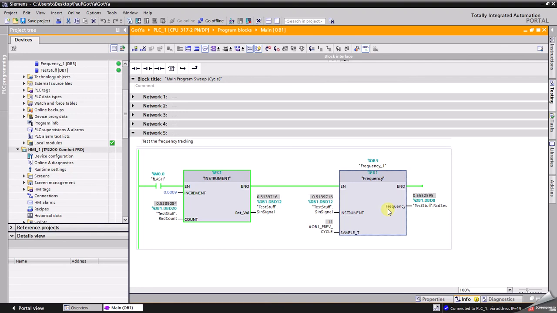Your instrument will have to be pretty well guarded against any noise, with screened cables, and possibly on some of the cards that you have on the PLC, there is a filtering function on it. So you must be aware of that as well.